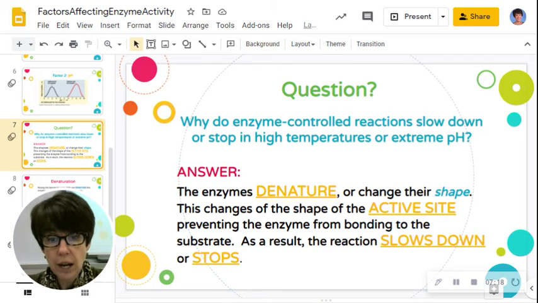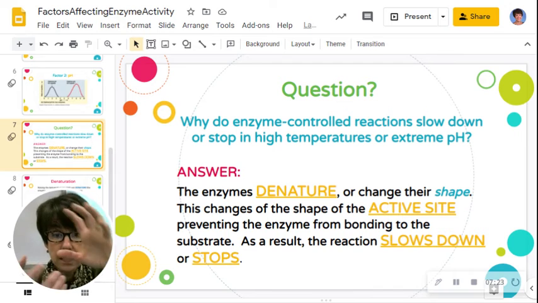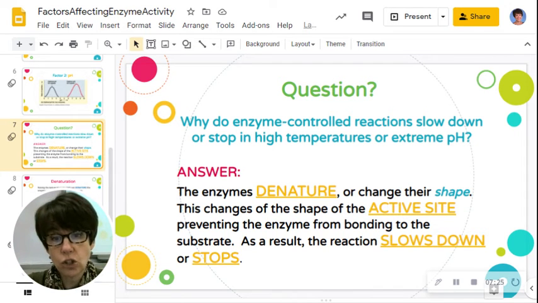And if they lose their shape, they no longer function correctly. By denaturing the enzyme, by changing its shape, it can no longer bind to the substrate. The active site is the wrong configuration, it's the wrong shape. And so the reaction is going to slow down or stop. So you're going to fill in the blanks on your note packet where those yellow underlined words are.